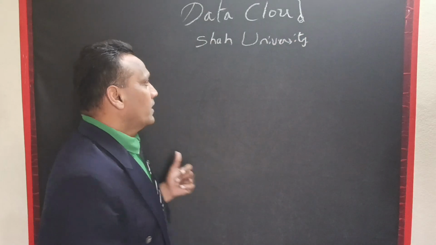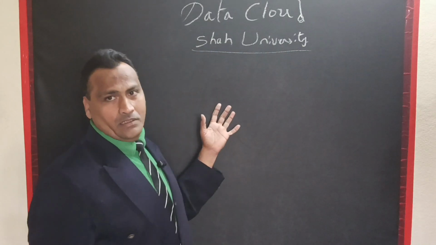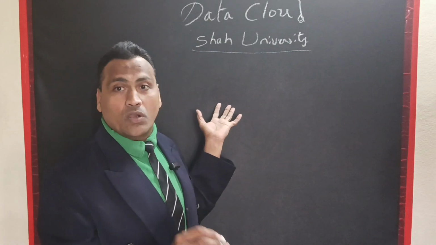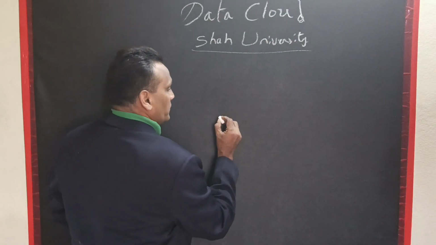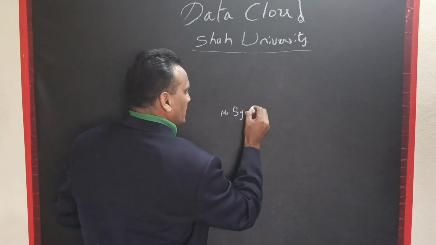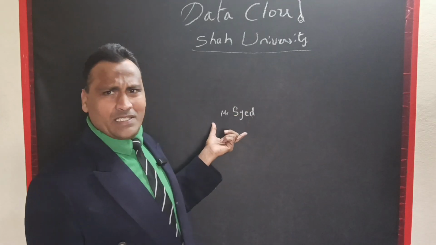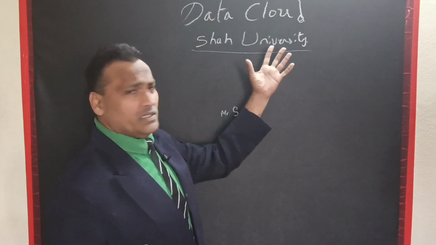Ultimately the customer is king, the customer is god for any business, any enterprise. We have a person here called Mr. Syed, the customer, or a student, who learns various courses from Shah University.